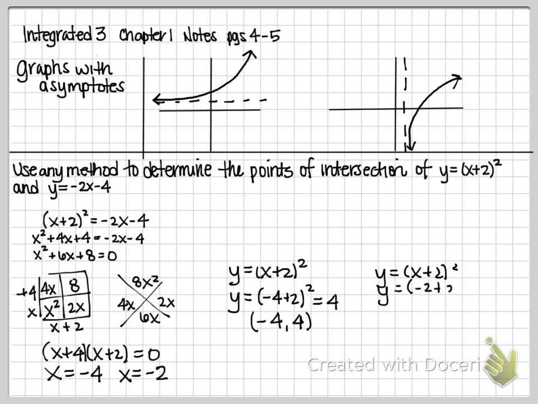And one of the things that's nice about this, too, is I don't honestly need to see that this is happening. You can take a look at this, do the mental math itself, and then write down the answer. So I know negative 2 plus 2 is 0. 0 squared is 0, so that gives me 0, but all I really care about is the actual solution. So negative 2, 0, negative 4, 4.